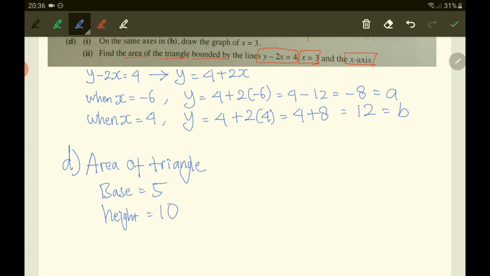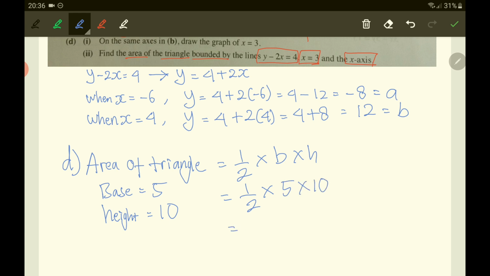After we got this, it will be easy. We just need to write the formula. Area of triangle is 1/2 times base times height. Substituting, 1/2 times 5 times 10.